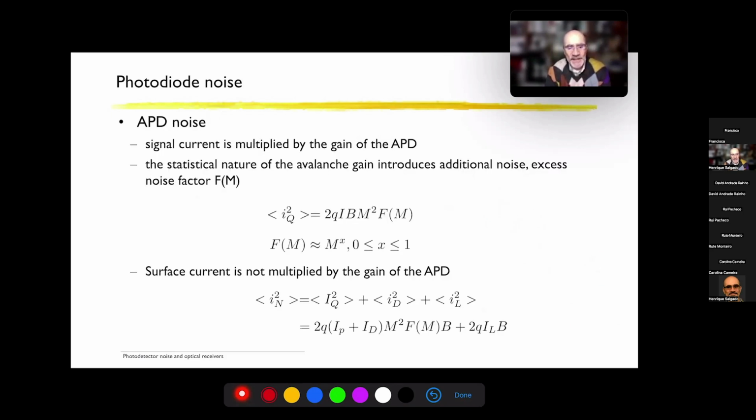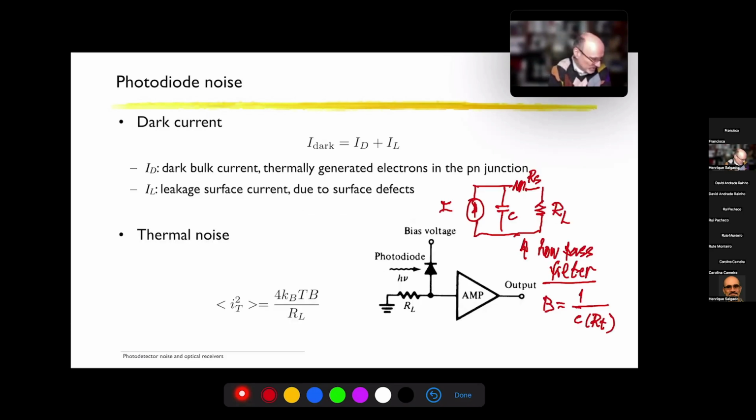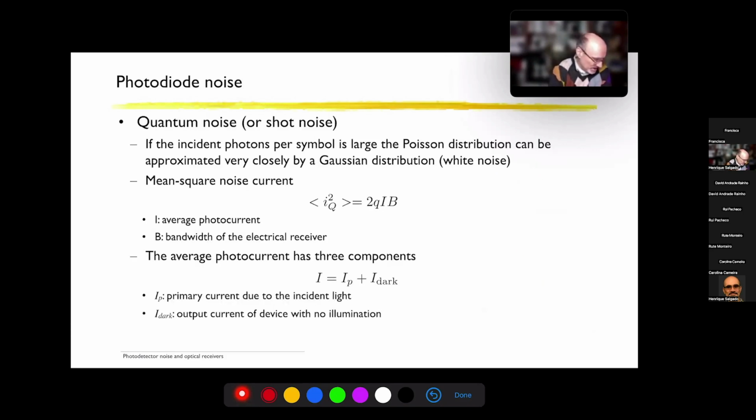The expression we've seen is specifically valid for a PIN photodiode, so with no avalanche gain.